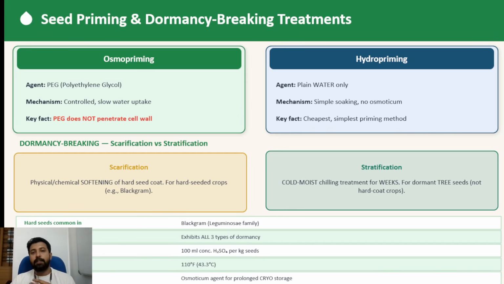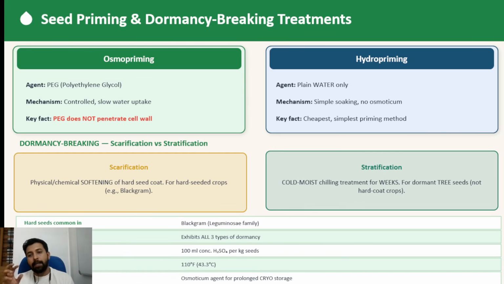People usually confuse both terms. Osmo means a solution, not water. Hydro means water. If you are clear on this, then you won't make a mistake. Clear? In osmo priming, you use different solvents for controlling the rate of germination. You get a uniform, healthy, normal germination rate after osmo priming.